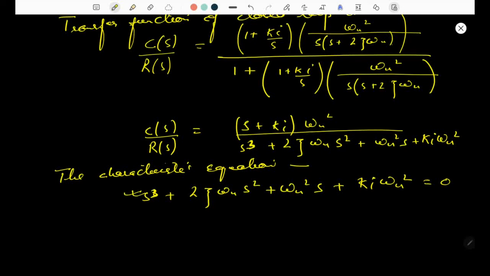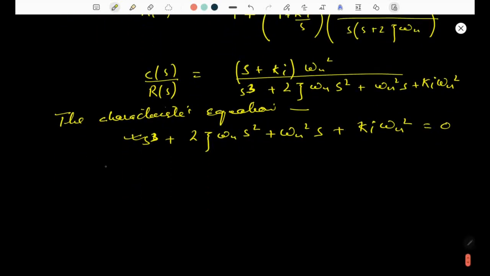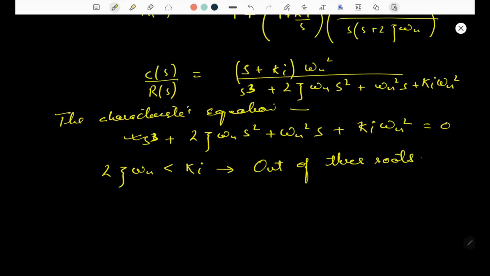By using the Routh criteria, it was shown that if we have 2 zeta omega n less than ki, then out of three roots of the above characteristic equation, two roots have positive real parts.